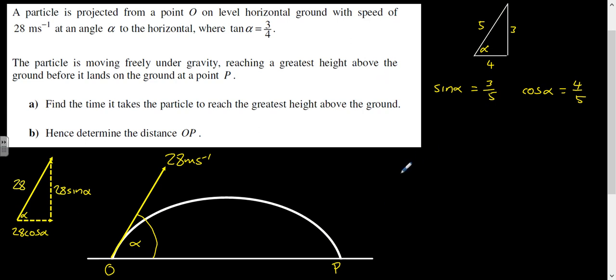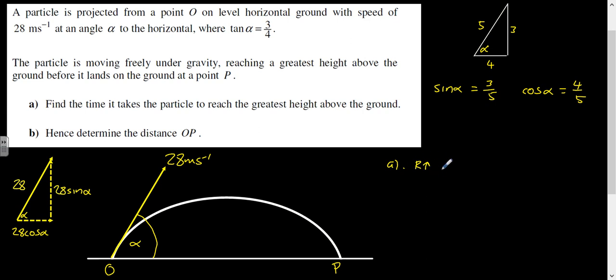Okay, so now we've set the question up. Let's start to answer it. Find the time it takes for the particle to reach the greatest height above the ground. We're interested in the greatest height. So I'm going to do the first of two things that I can do with projectiles, and that's to resolve, R for resolve, arrow pointing up, vertically. So resolve vertically. Write this in every time you do a question.